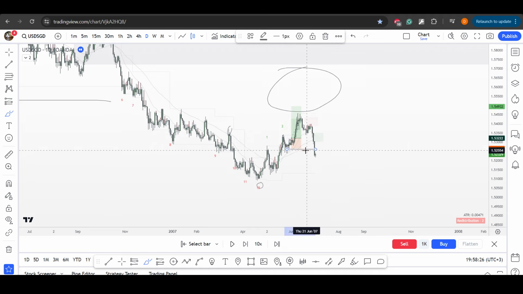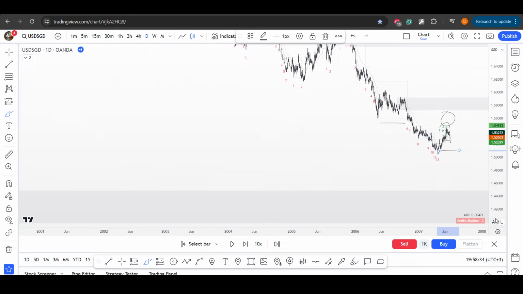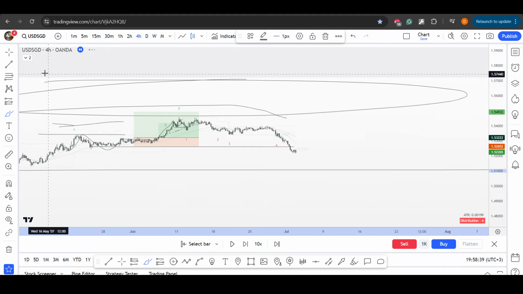So we have this break to the downside. We took this liquidity, we went for redistribution. So now we can expect these lows to act as a target.